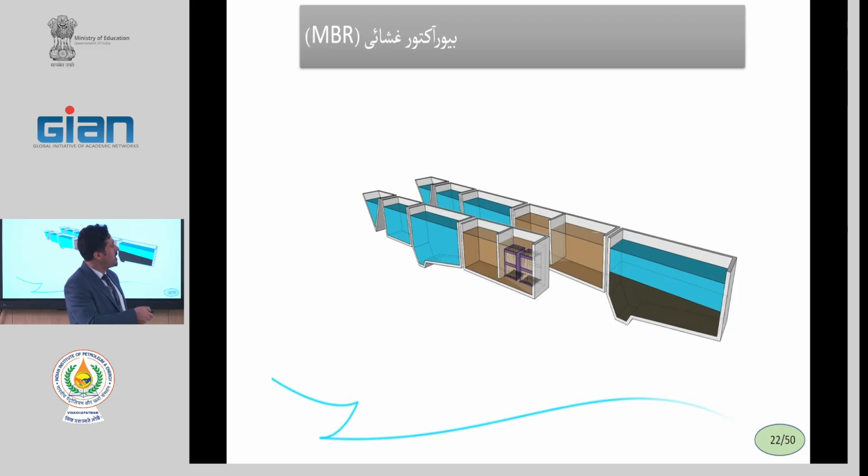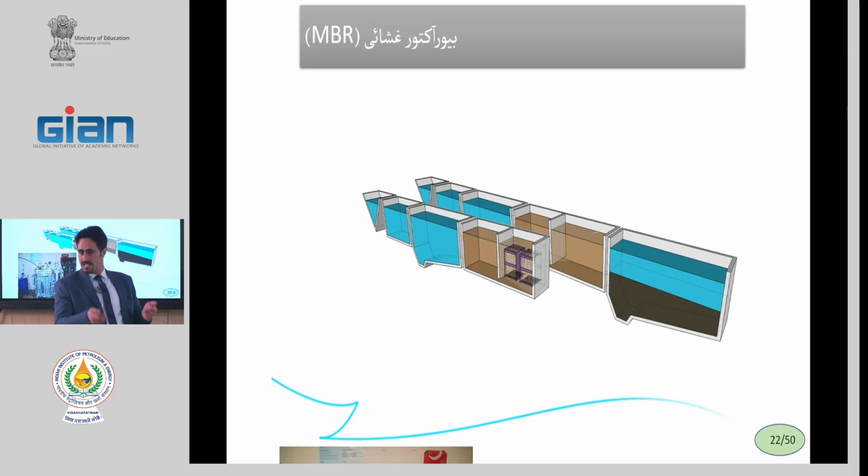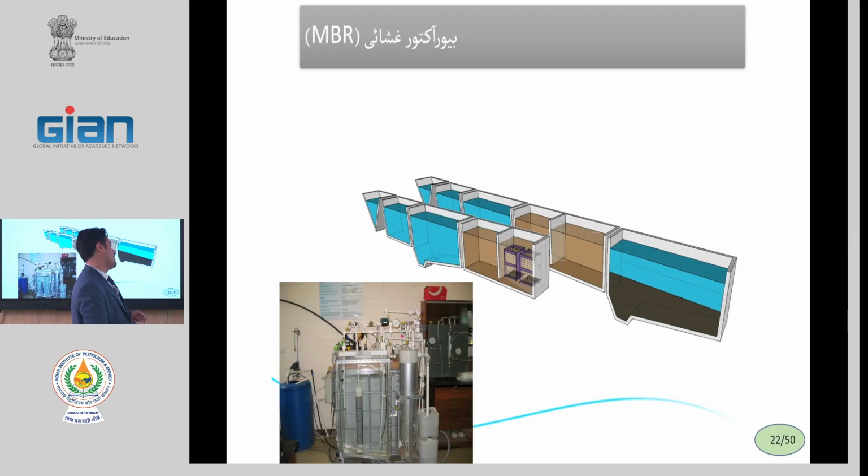In a sedimentation tank, we do not have a complete and good separation, but in a membrane bioreactor, the membrane can efficiently separate the microorganisms. This is an experimental setup in lab scale that used hollow fiber membranes for separation of the microorganisms.